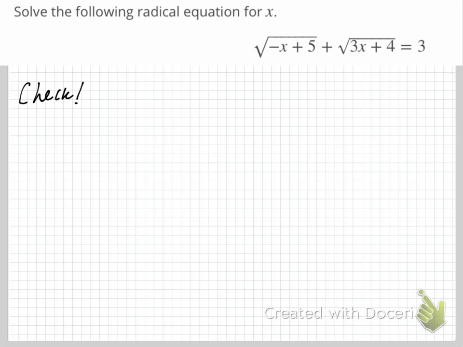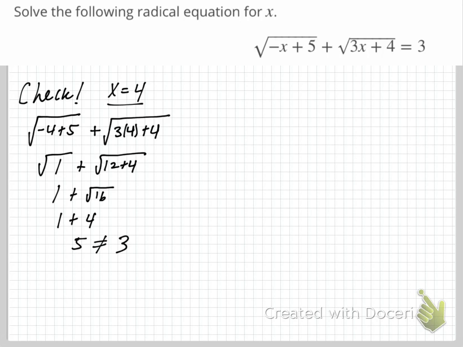So we need to check that when we plug in our x values here, all of this is going to simplify to the number 3. Okay, so let's check for x equals 4. I plugged in the 4 here, and I got negative 4x. Plugged in the 4 here, and I got 3 times 4. And on this side, we're going to get 1. On this side, we're going to get 12 plus 4, which is 16.